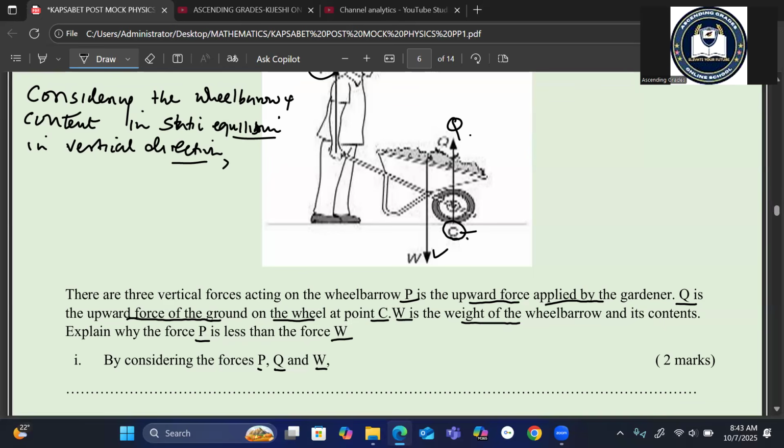Then the upward forces equal the downward forces.